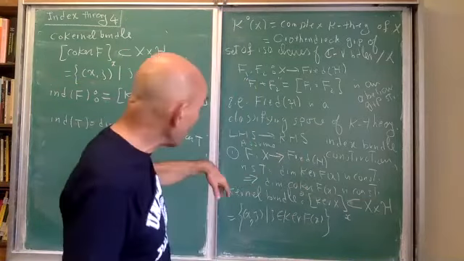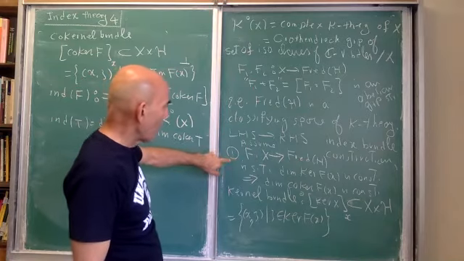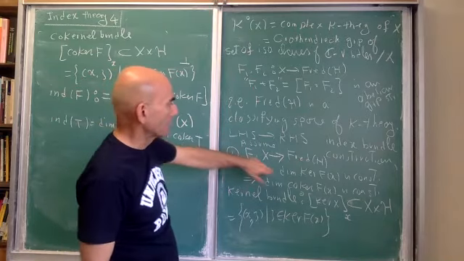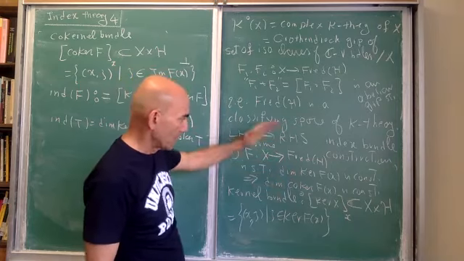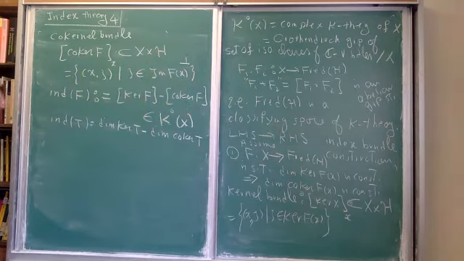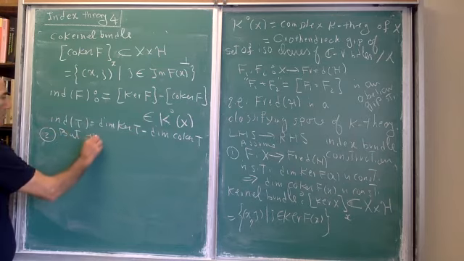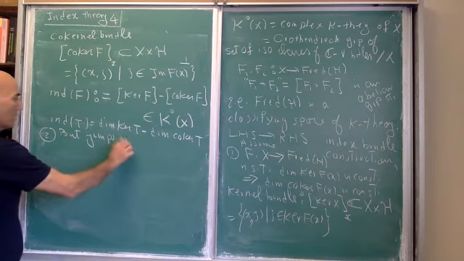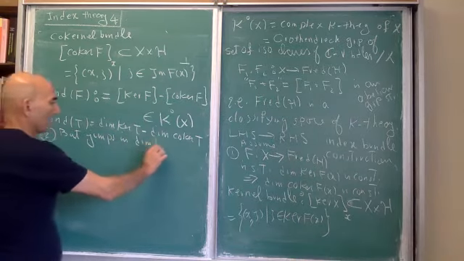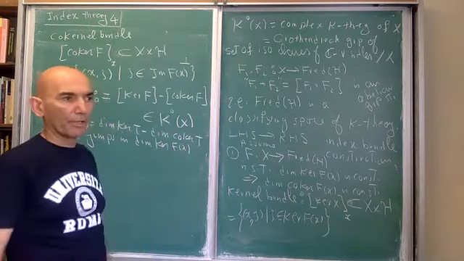So if your family is such that there is no jump in the dimensions of kernels, then the construction goes like that. Now, what if there is a jump? Jumps in the dimension of the kernel of f of x can easily occur.